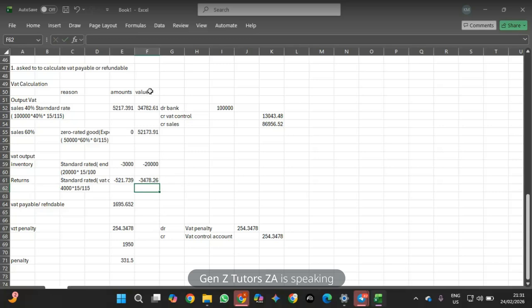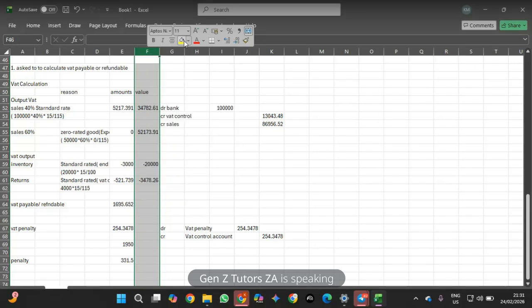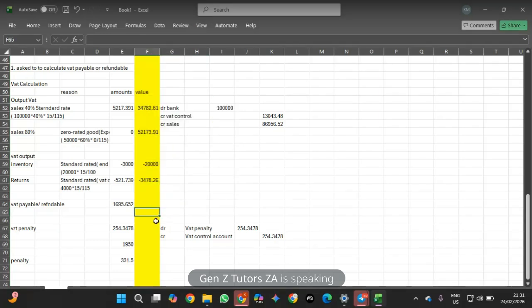And then now all throughout over here, while you're doing your calculation, you'll find the amount, which is their taxable supplies.